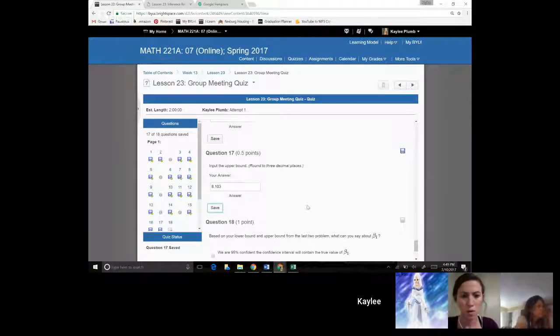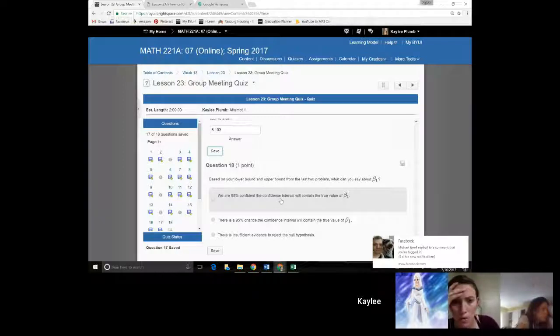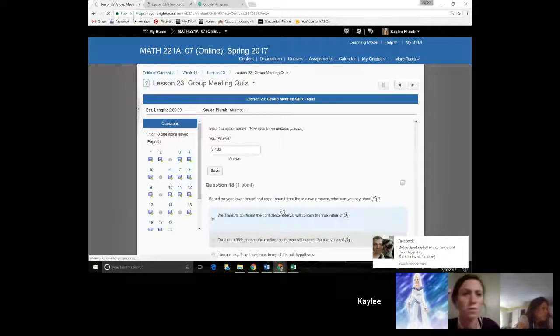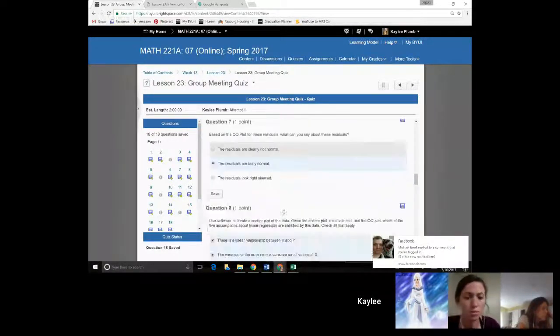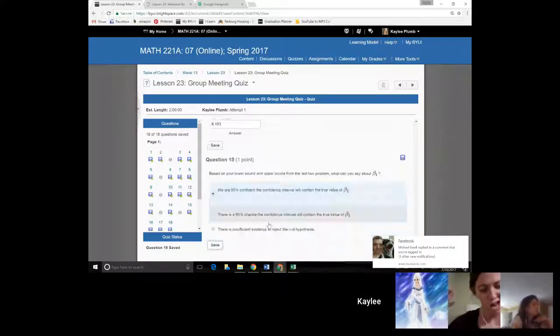Okay. So based on the lower bound and upper bound from the last two problems, what can you say about B1? The first one. Okay. Do you want me to submit it and just see if we're right with 7 and 8 or wrong, and then we can check again? Sure. If you want, yeah.